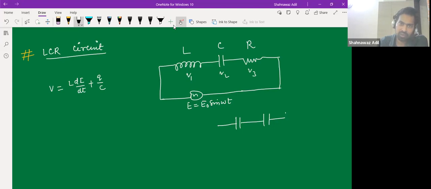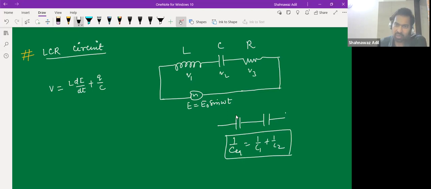Yes, sir. So in series combination, you are right that this would be 1 by C1 plus 1 by C2. But the voltage is divided. So V would always be V1 plus V2 plus V3, right?